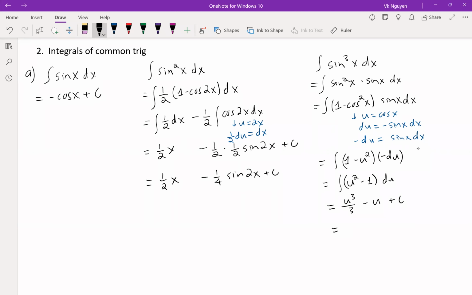So ta-da, do the substitution. Then we have 1 over 3 cosine to the power 3 of x minus cosine x plus c. Pretty cool. Next, let's move on to the integral of tangent, tangent squared, and tangent to the power 3 of x.